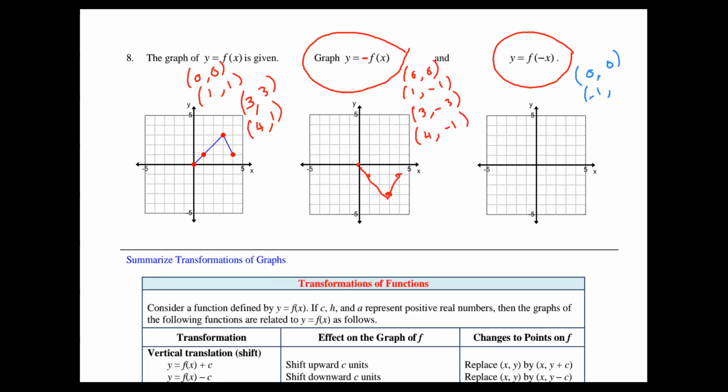Okay. And the next one, we have to switch the sign of the x value here. So negative 1, 1, negative 3, 3, negative 4, 1. So 0, 0, negative 1, 1, negative 3, 3, and then negative 4, 1. So it's going to be this.